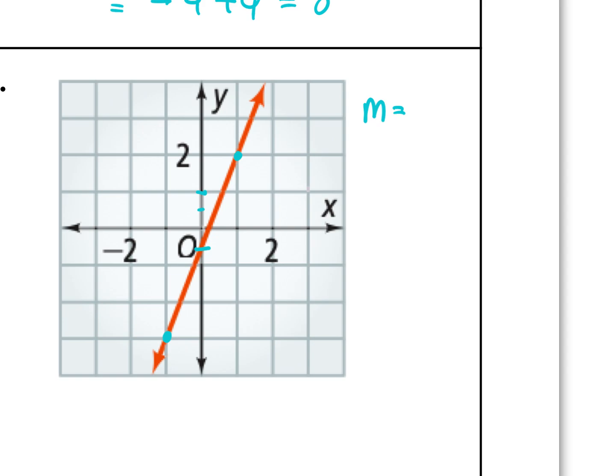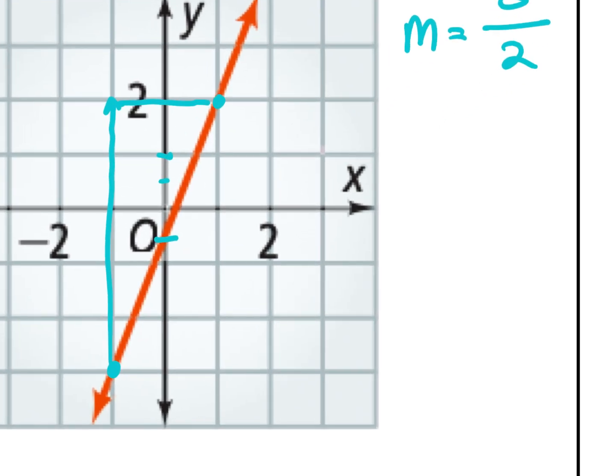From this point, I'm going up to the place where there is the other point, it's going to give me 1, 2, 3, 4, and 5. That's going to give me 5, and it runs 1, 2 units, so it's going to be 5 over 2. Now, as I see this part, I can guess that the b in here is going to be negative 1/2.